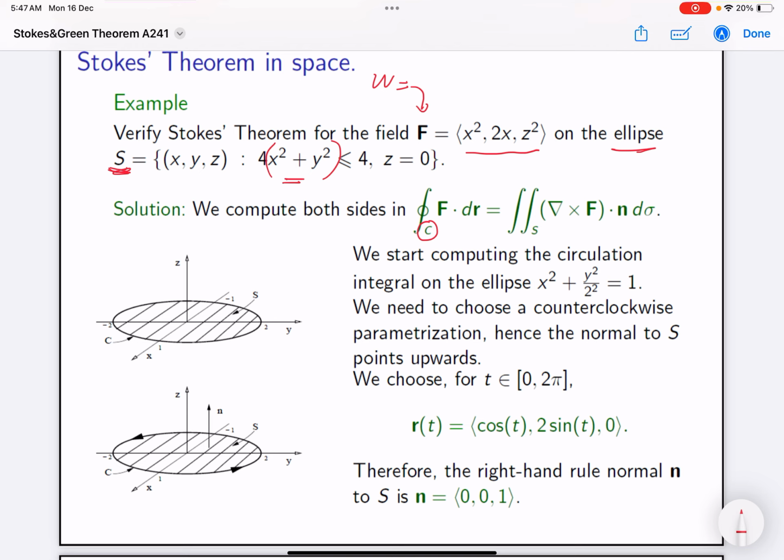So we start computing the circulation integral on the ellipse, x squared plus y squared divided by 2 squared equals 1. This is the formula. The ellipse is not a circle, it is more or less elongated.